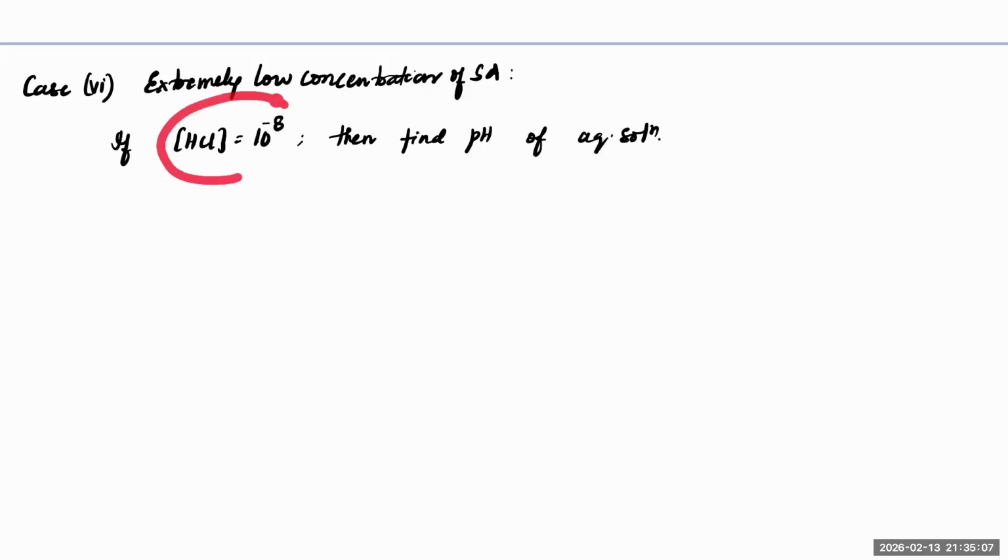Now, for such a low concentration of HCl, you cannot simply say that the H plus concentration is 10 raised to power of minus 8, which is coming from HCl, and pH is 8. That will be wrong here. Got it? Because whenever you are measuring H plus, it should be about H plus of the solution. And in solution, water is always present.